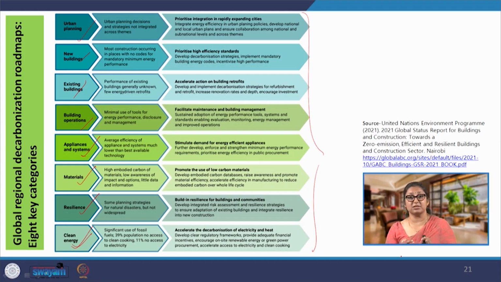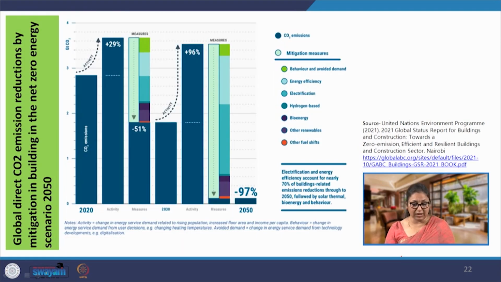Now, this is a huge task, a Herculean task, but it is possible. If we are able to implement all these mitigation measures, then by 2050 we can aim towards a net zero emission building and construction sector and industry.